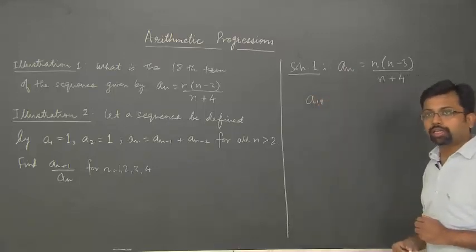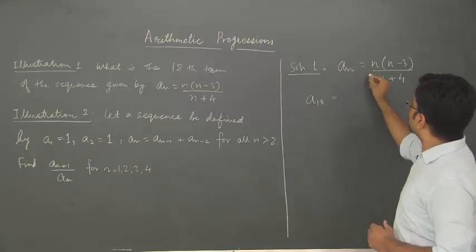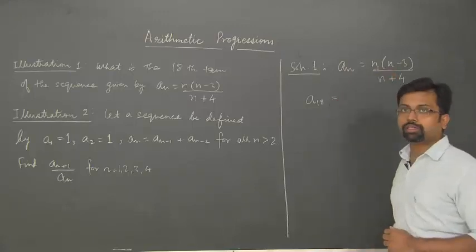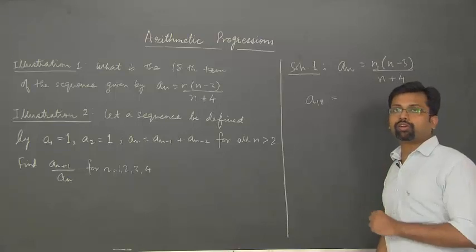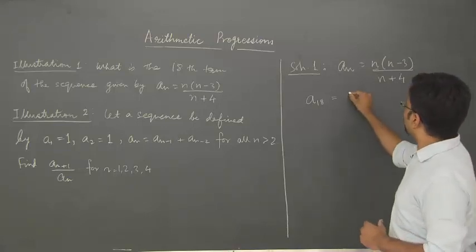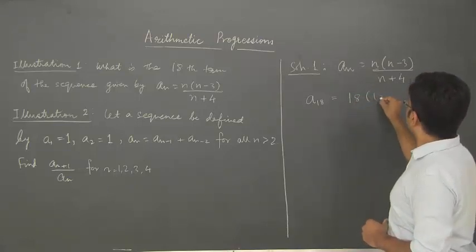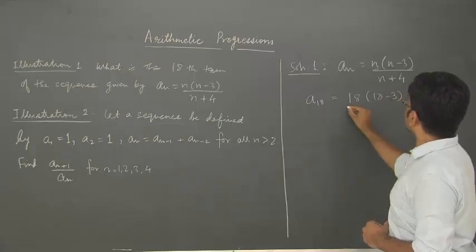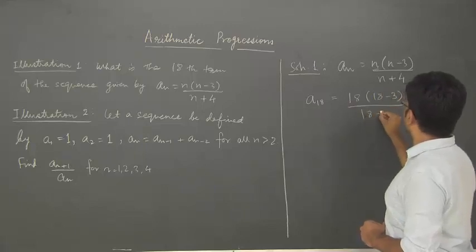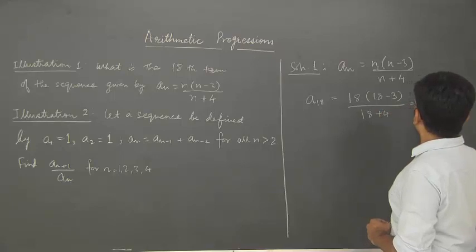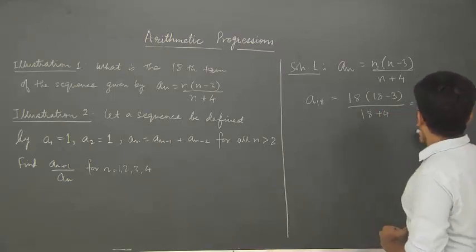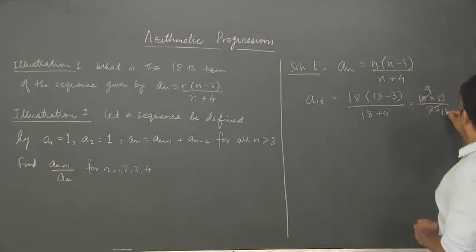Now what would A18 be? We will have to substitute n equal to 18 in the given mathematical rule for the given sequence. So n would be 18. This becomes (18 minus 3) divided by (18 plus 4). This would be 18 into 13 by 22. We obtain here 9 by 11.